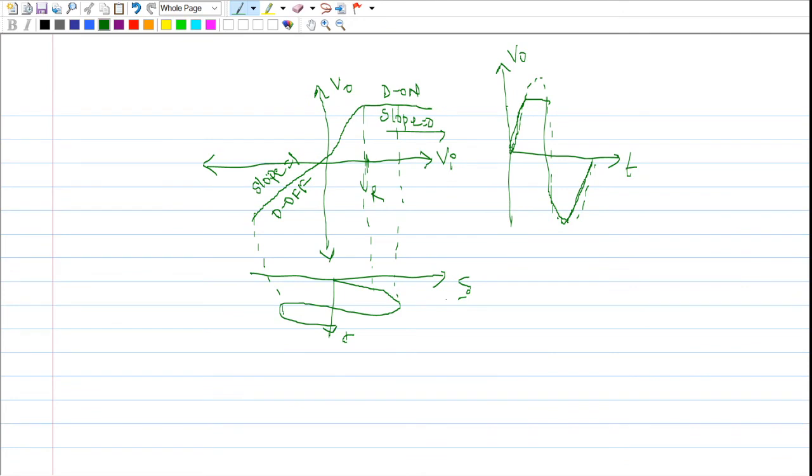Next, the shunt positive clipper with negative biasing. The circuit diagram is a positive clipper with negative biasing.